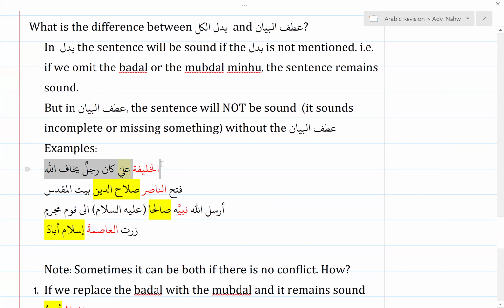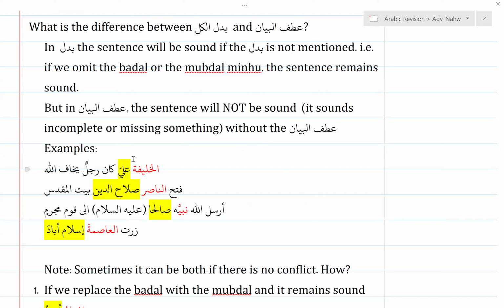I can remove Khalifa and just say Ali كان رجل يخاف الله. But if I do that, how many Alis do you know? You know so many Alis. You'd be like, huh, are you talking about my neighbor Ali, my cousin Ali, or the Khalifa Ali? Who are you talking about? That's why with atf bayan, you cannot remove it in the sentence. The atf bayan has to exist.